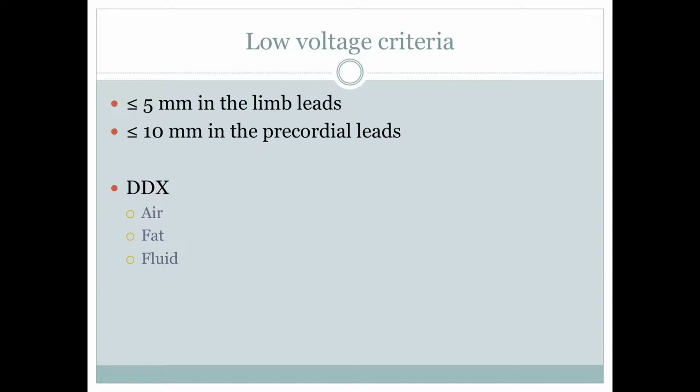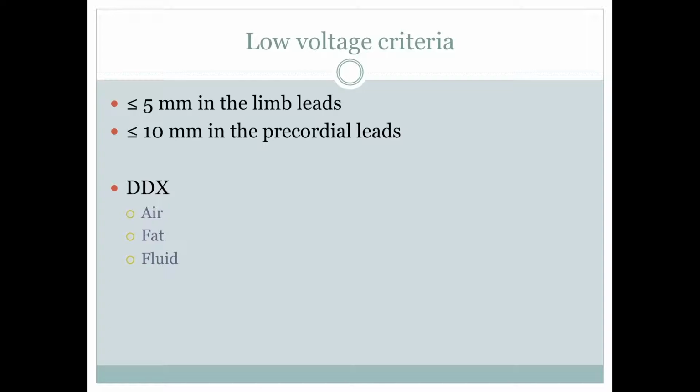And the main differential that we create for that is air, fat, or fluid. So things that are included in air are like a pneumothorax or emphysema. In terms of fat, we can think of a big obese person, and that's not likely going to change.